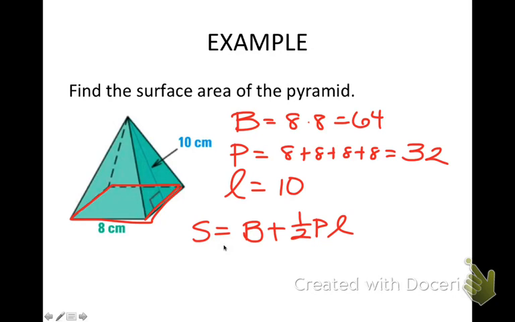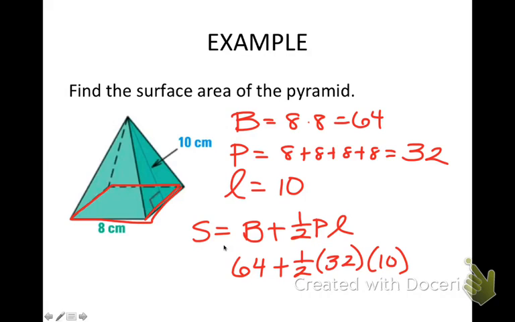I'm just rewriting it over again for my own benefit. So 64 plus 1/2 times the perimeter, 32, times 10. That won't always be the case, though.